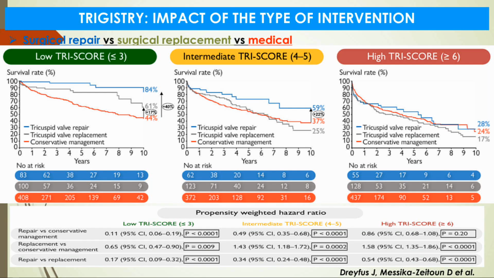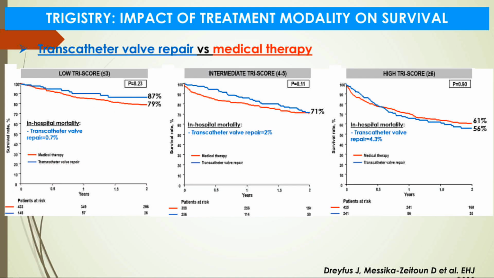And when they try to dissociate repair versus replacement, they also find that in the intermediate group there would be benefit for repair, but maybe not as much for replacement. And if you push the idea to transcatheter procedures, these seem, at first view, less favorable than surgery in the low TriScore groups.